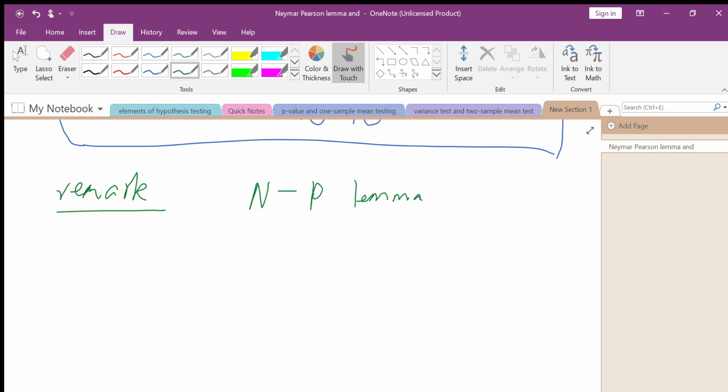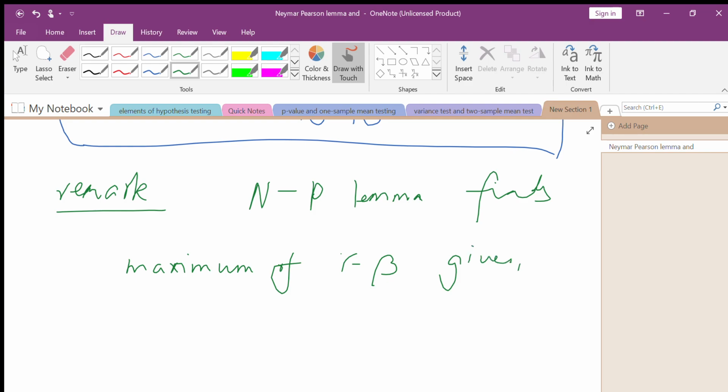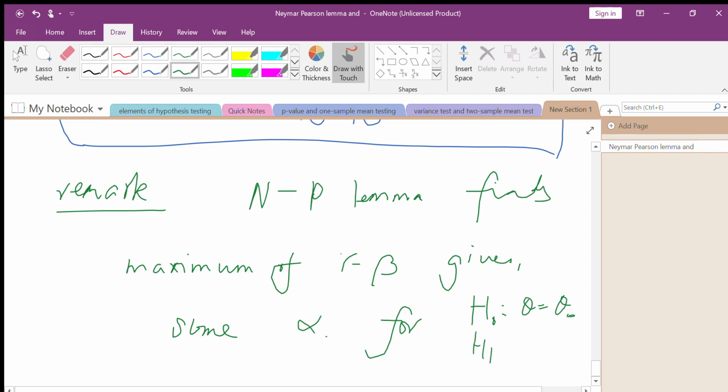NP lemma finds the maximum of 1 minus beta, which is power, given some alpha, for simple hypothesis testing for H0: theta equals theta 0, H1: theta equals theta 1.